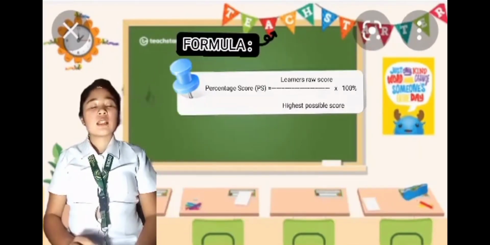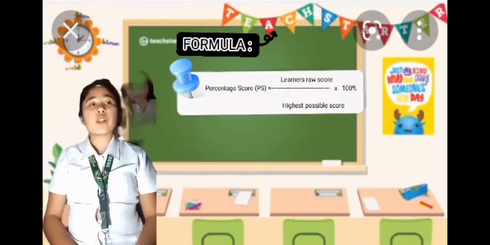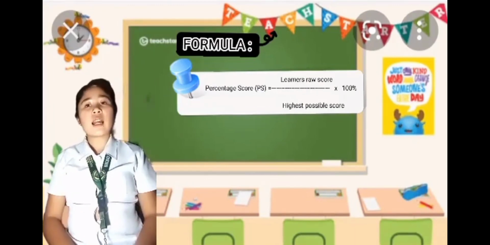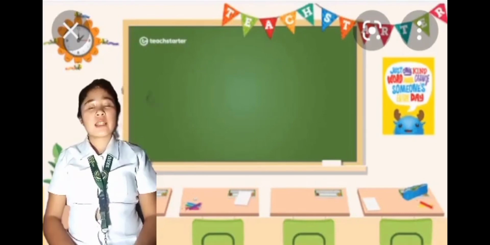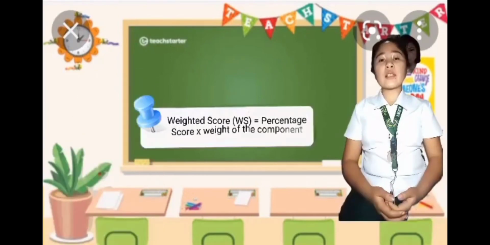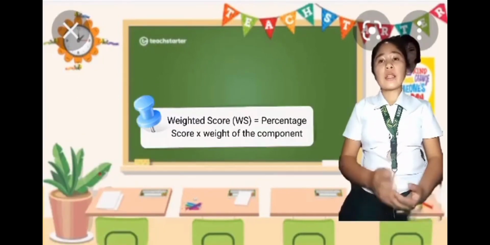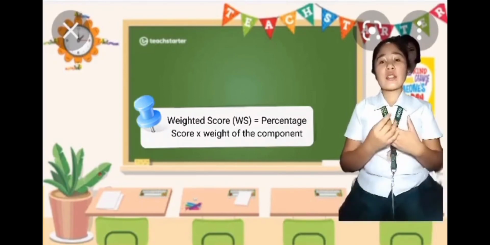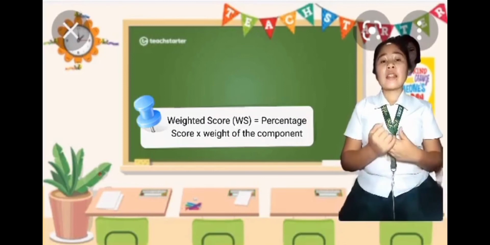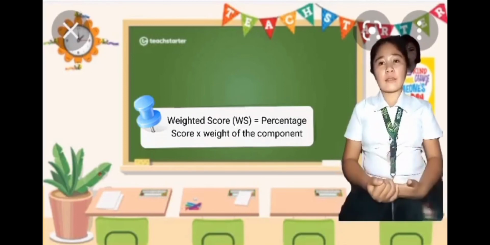Percentage score is equal to the learner's total raw score over the highest possible score times 100%. And the formula of weighted score is: weighted score is equal to percentage score times the weight of the component.